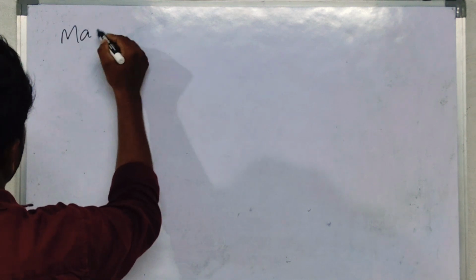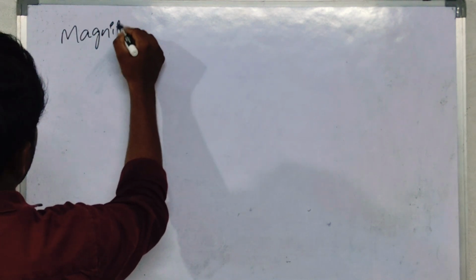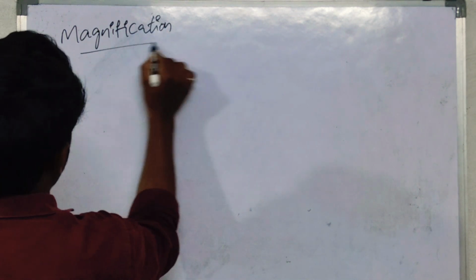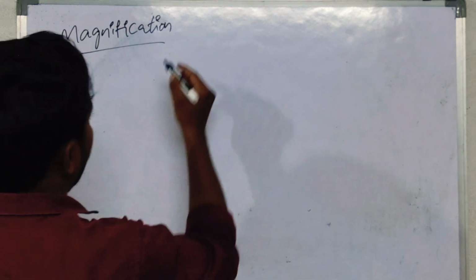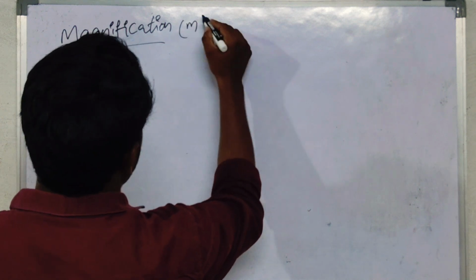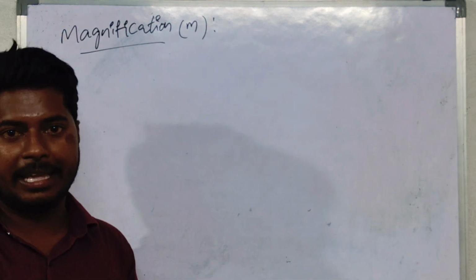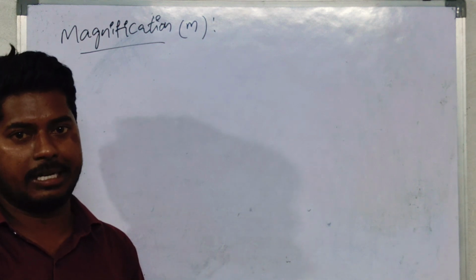After sign conventions, let me discuss magnification. Magnification is denoted by small m. It tells how the image size is varying compared to the object size.